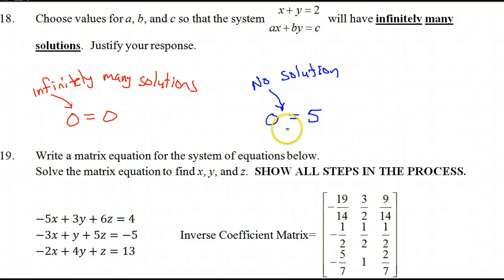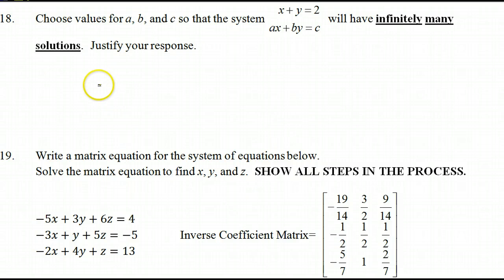Okay, for a system like that. So a lot of you have that in your brain somewhere, but you kind of forget how this happens. So let me remind you. If I want infinitely many, I'm looking for the 0 equals 0 type of option. Here's a quick example of how that could go down.